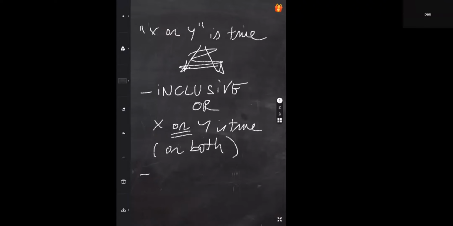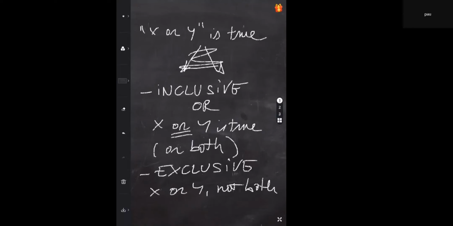If it's exclusive, then it is X or Y, but not both. It is either X or Y.